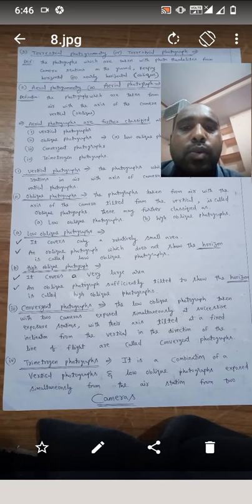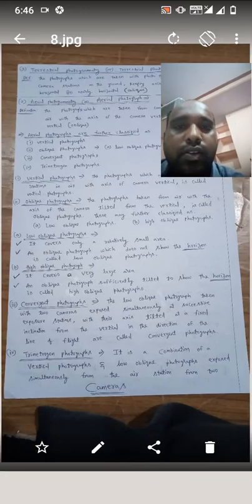Convergent photograph: low oblique photographs taken with two cameras exposed simultaneously at successive stations with their axes tilted at a fixed inclination from the vertical in the direction of the line of flight are called convergent. I will show the figure here.